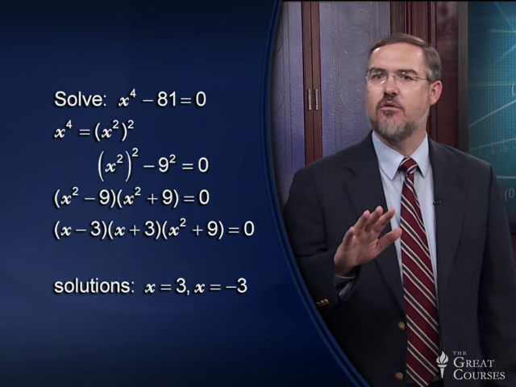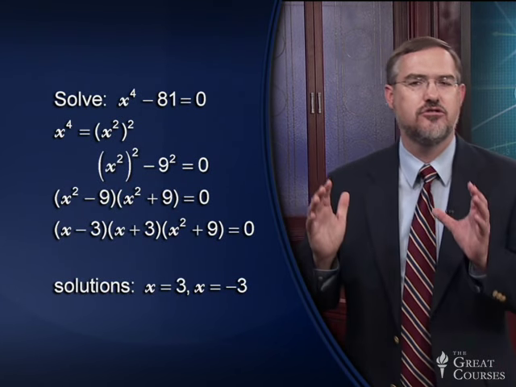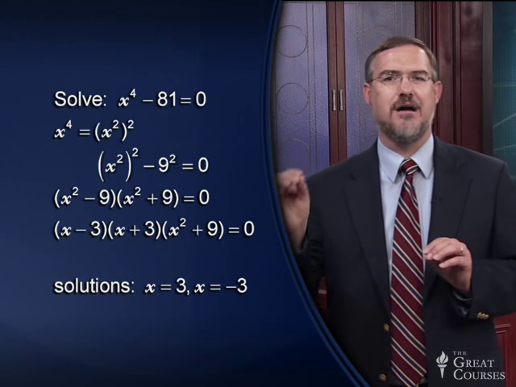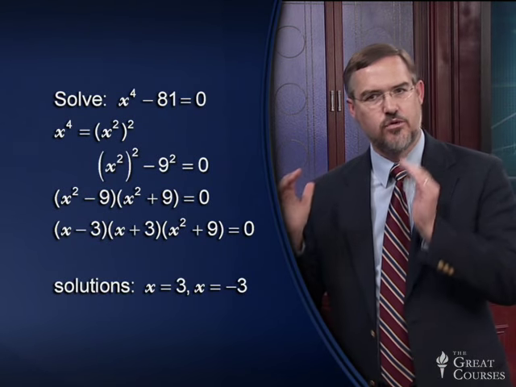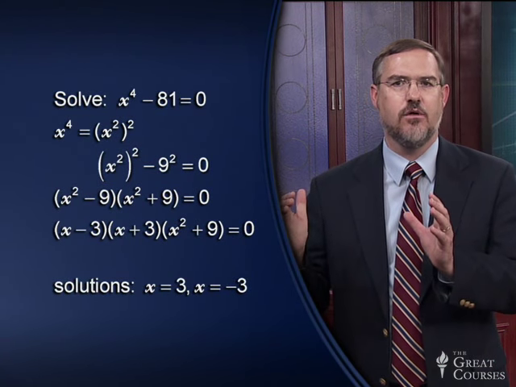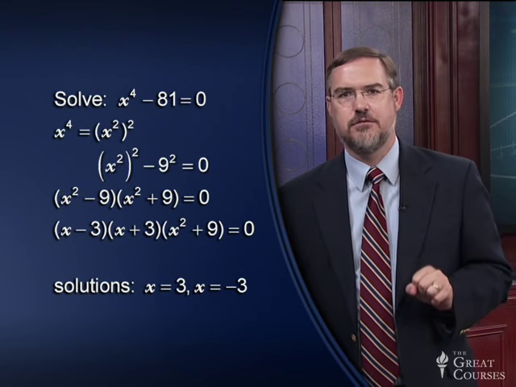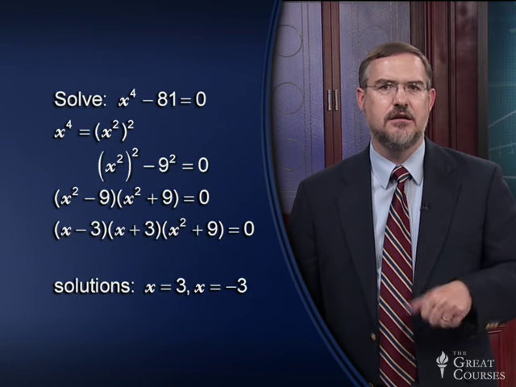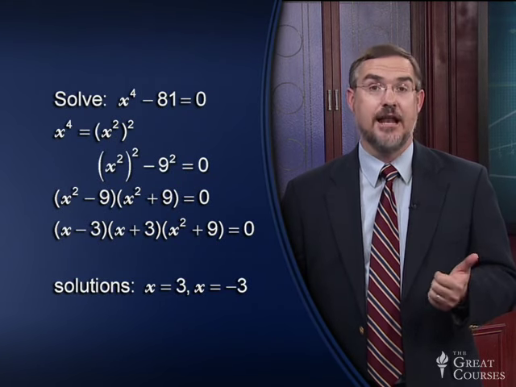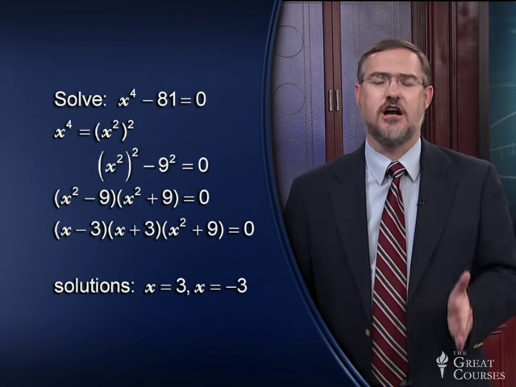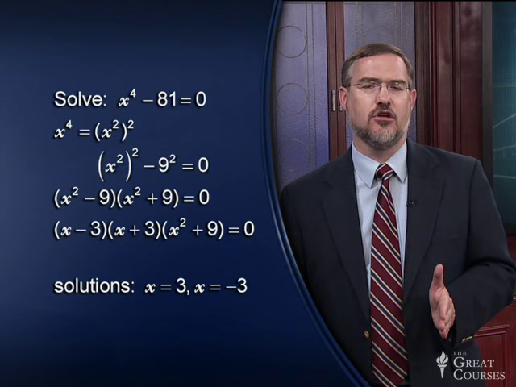Now, what does that mean as a graph? It means that if I go back to the graph of x to the fourth minus 81, that was the original left-hand side of the equation, that graph will only cross the x-axis in two places, x equals 3 and x equals negative 3, and it really will cross through or cut through the x-axis at those 2 points.